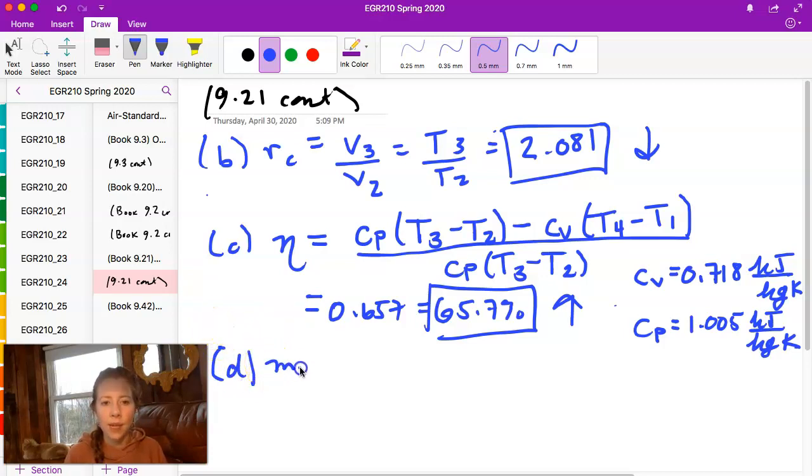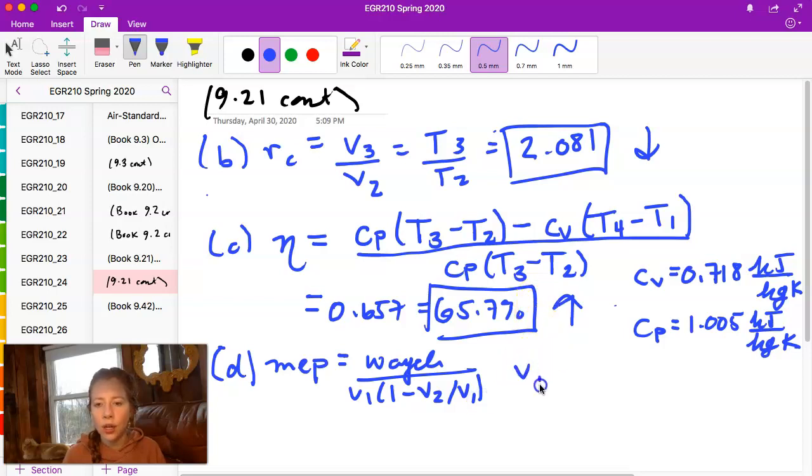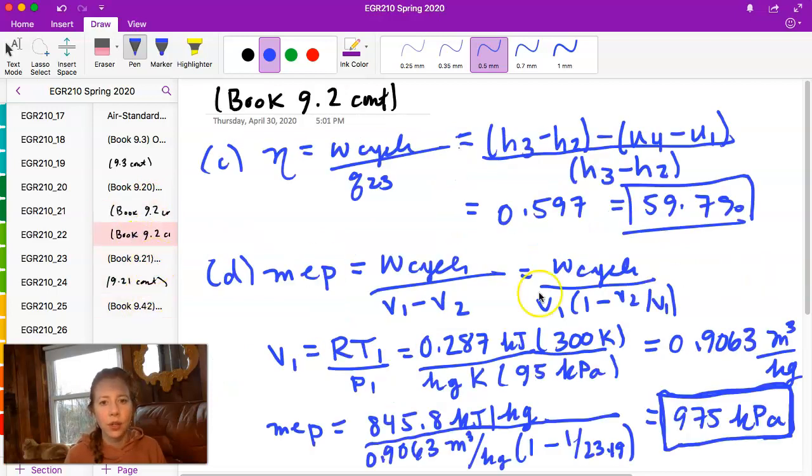And then MEP is going to be still W_cycle over V1 times (1 minus V2 over V1). And so here, V1 is still going to be RT1 over P1, which we found here, which is 0.9063.